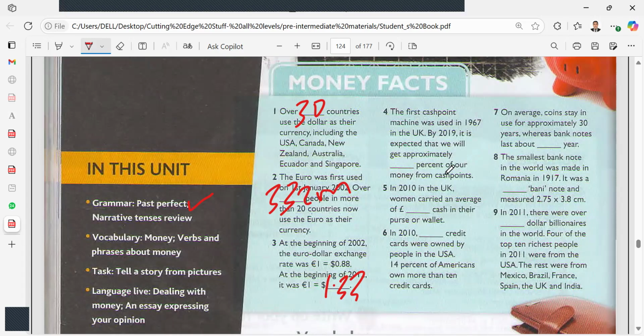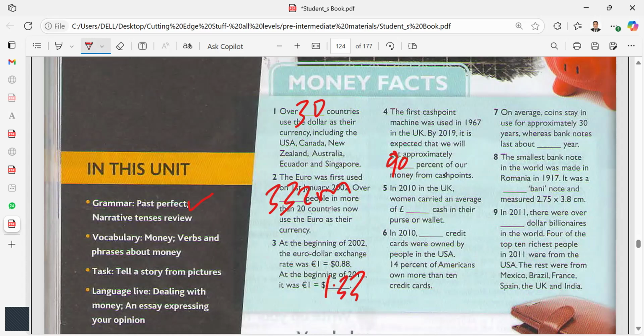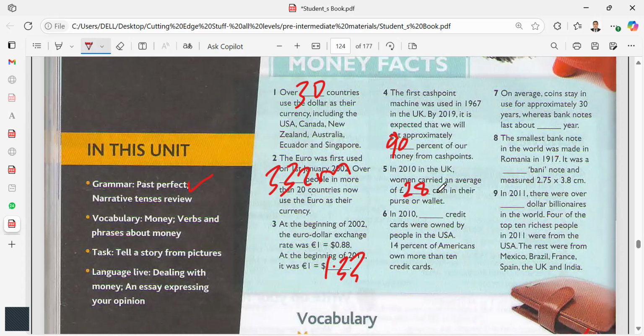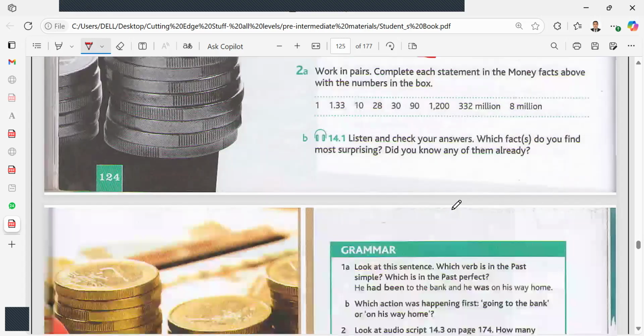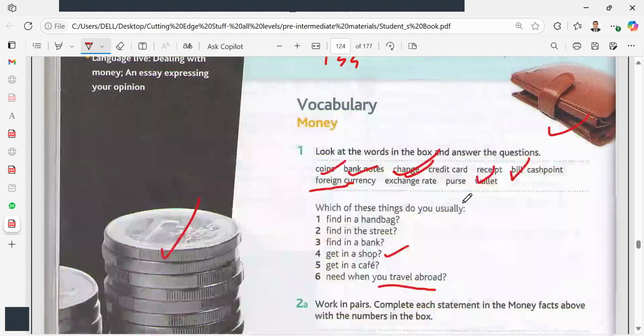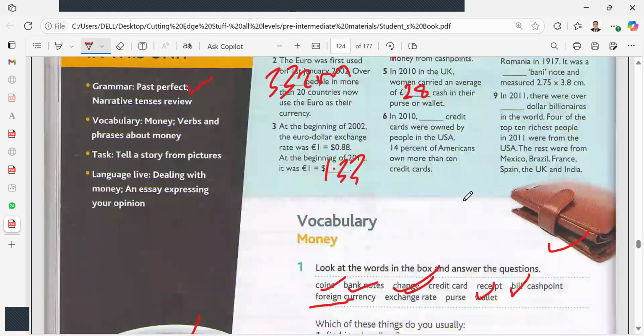Number 4. 90%. Okay. Yes. Number 5. 28 cash in their purse or wallet.